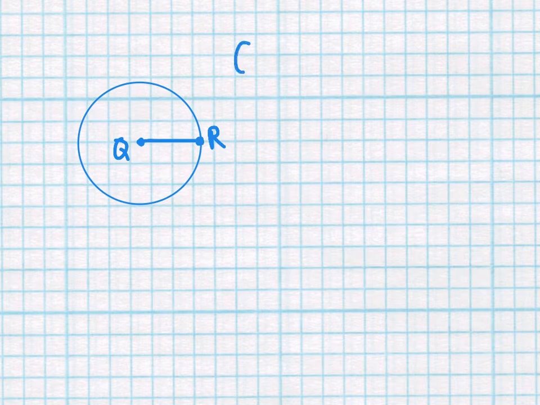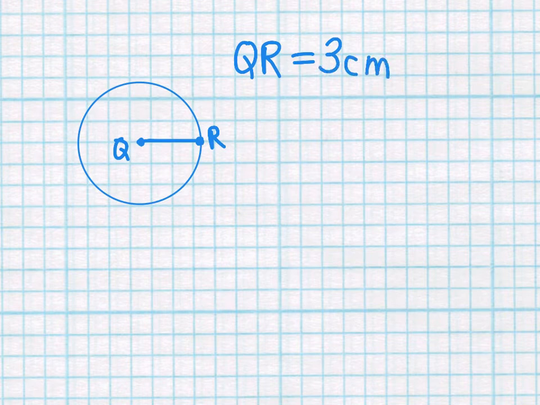I'm going to say the distance from Q to R is 3 centimeters. Now that we know the distance from Q to R is 3 centimeters, what are we going to do?